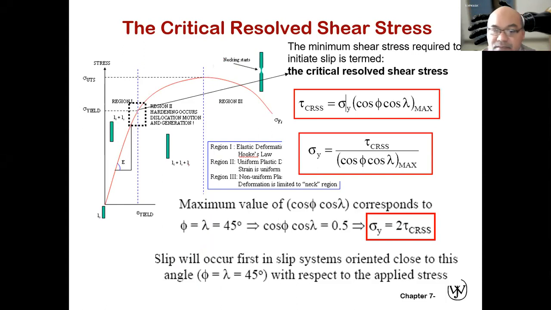Sigma y here is the axial stress, such that its value will be equal to this formula: the critically resolved shear stress divided by the maximum of cos phi and cos lambda. So in this case, we will find that sigma y should be equal to 2 times the value of the critically resolved shear stress.